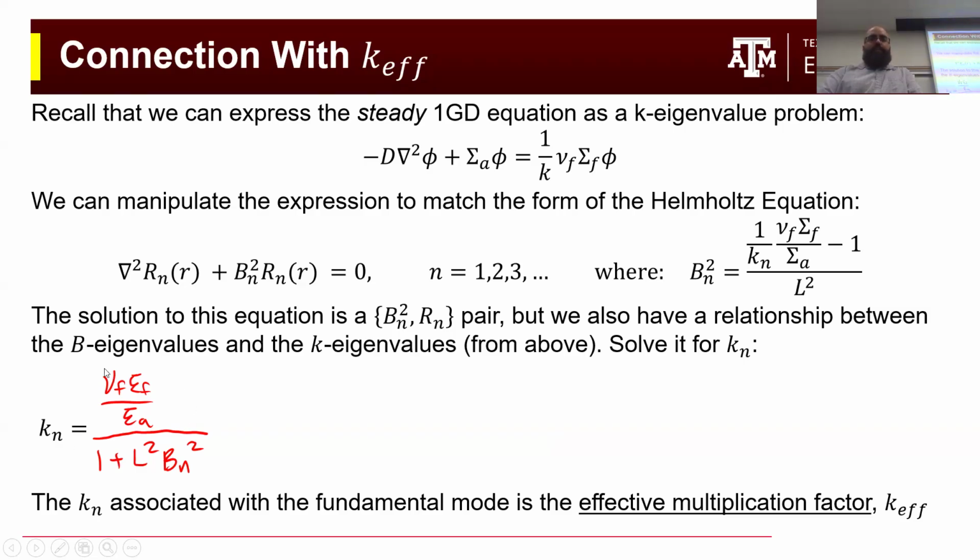I can simplify this a little bit further because this nu f sigma f over sigma a is a definition that we recognize as the infinite multiplication factor. So that's the same thing as K infinity over 1 plus L squared Bn squared.